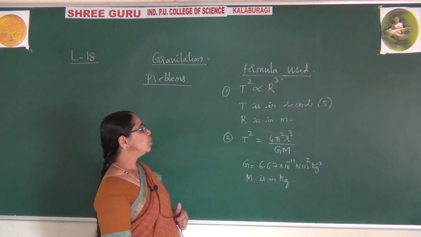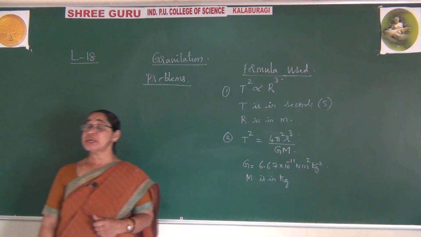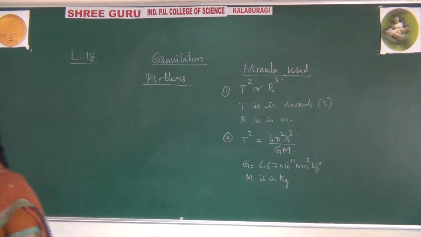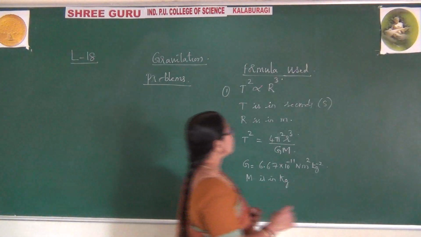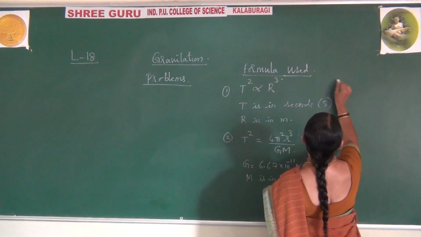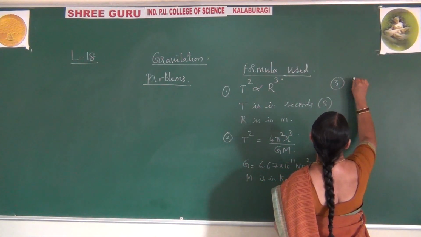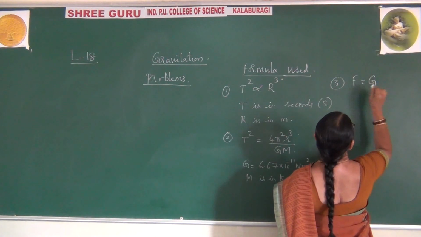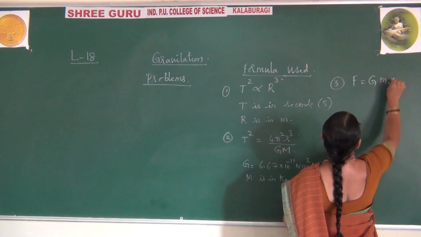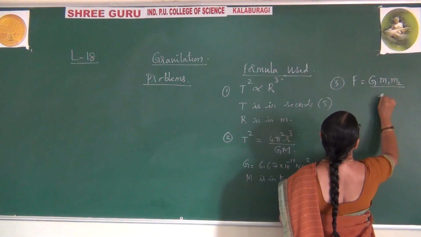One more is based on Newton's law of gravitation, where you can also learn the formula F is equal to capital G m1 m2 by r square.